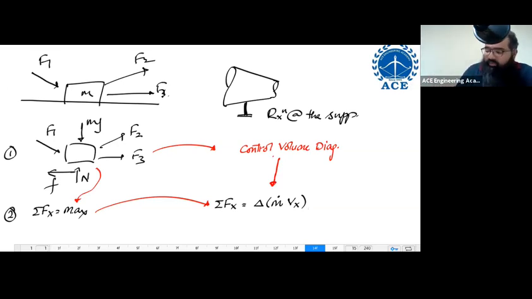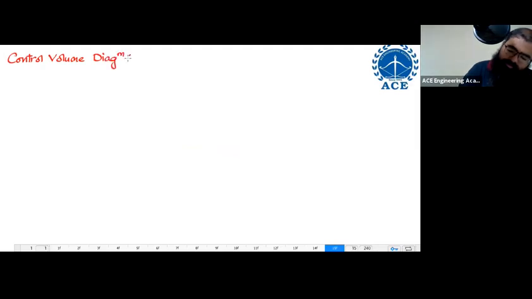Now I'm going to define this control volume diagram in this particular slide. Let us define control volume diagram. Now, what is this control volume diagram?